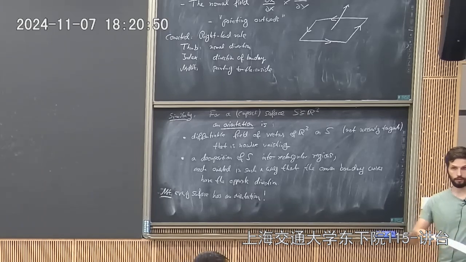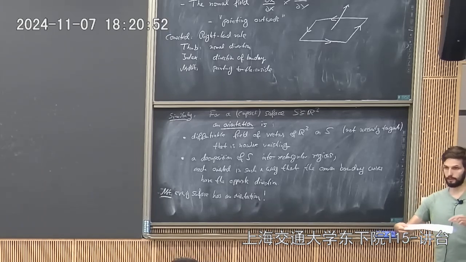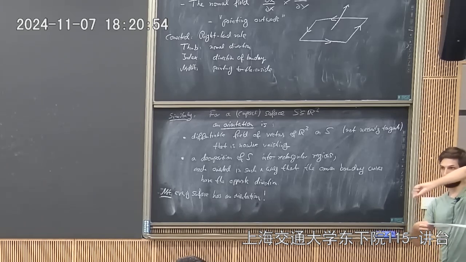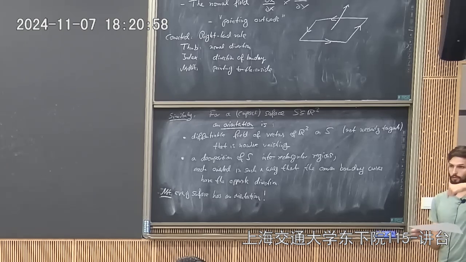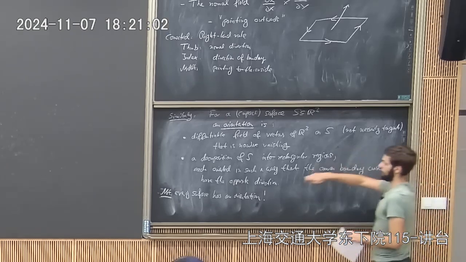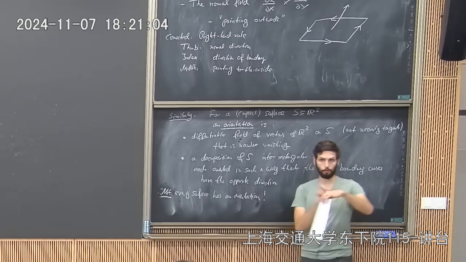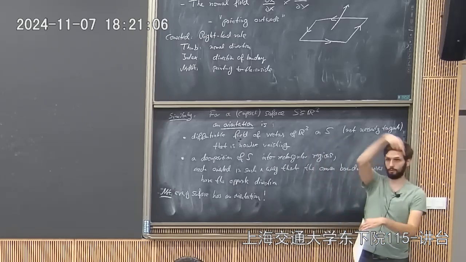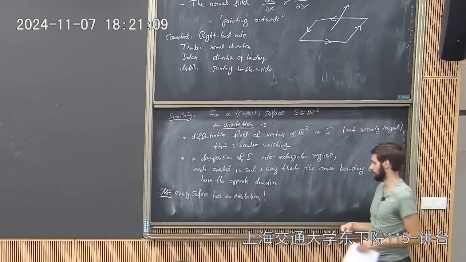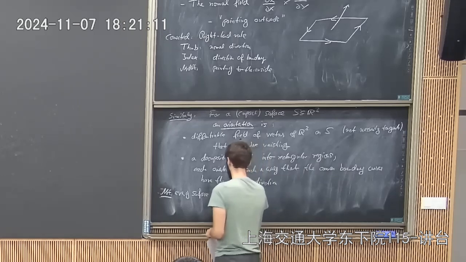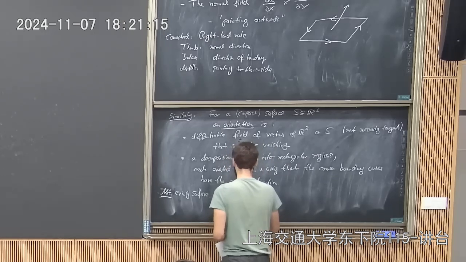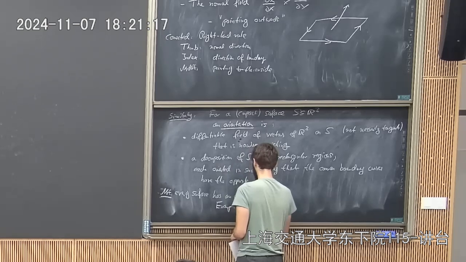But if you have a long, narrow strip and you twist it once and then glue it back, there's no way to orient that in a meaningful way so that you get a differentiable field. It would always jump at one point, because if you go around then you end up in the opposite direction. So an example of a surface without orientation is the Möbius strip.